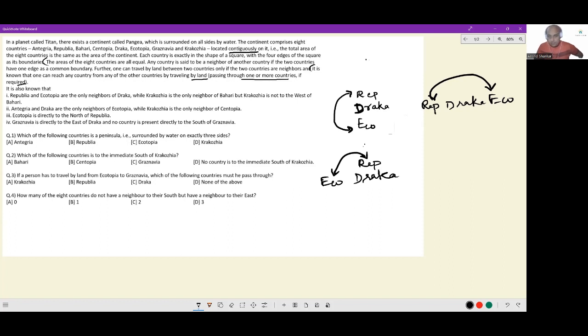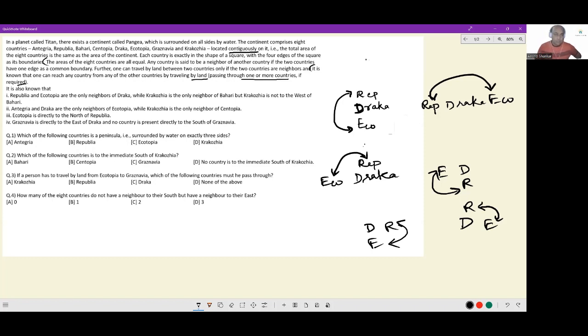Now I could have Draca here, Ecotopia here, Republia here, these 2 switching places. I could also have Draca here, Ecotopia here, Republia here, these 2 switching places. I could also have Draca here, Republia here, Ecotopia here, and these 2 switching places. All these cases are possible.